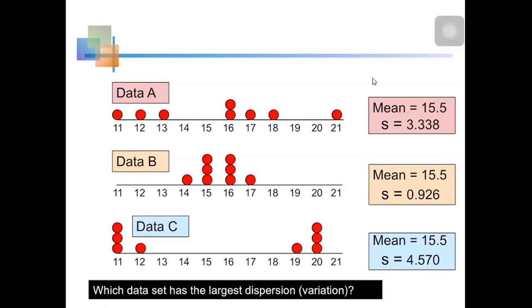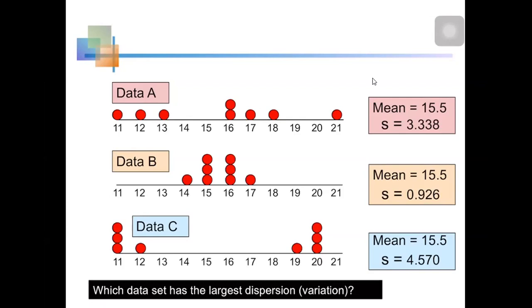Data B: 14 plus 15 plus 15 plus 15 plus 16 plus 16 plus 16 plus 17, divided by 8, so it will give 15.5. Same goes for C: add all the values and divide by 8, and it will give the same answer, 15.5.